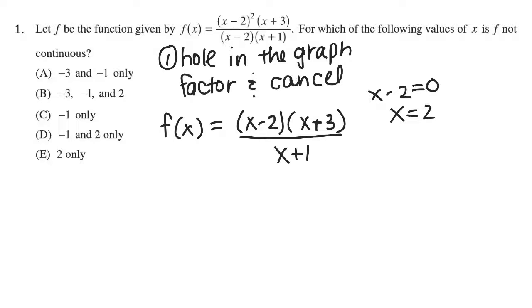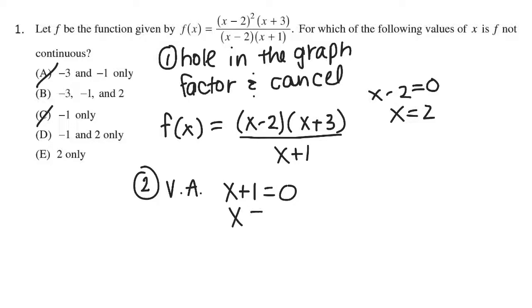So when we come over here, then that eliminates A and eliminates C. And so now the next thing we need to do is look and see, well, what about a vertical asymptote? So if we look for a vertical asymptote, that's where we're going to set the denominator equal to 0.